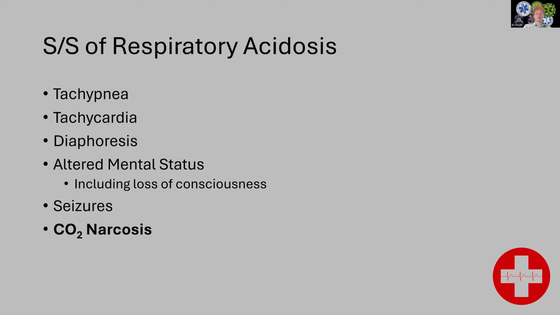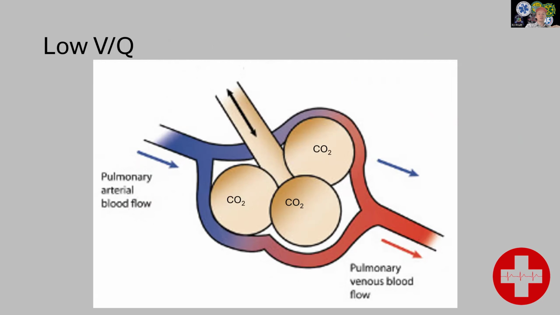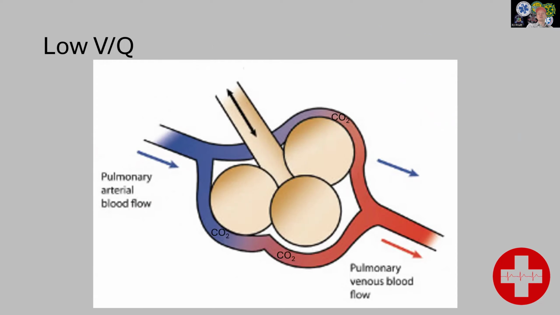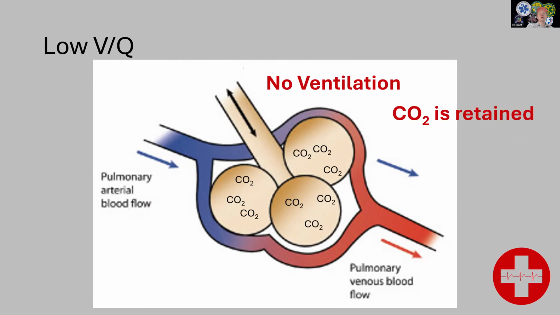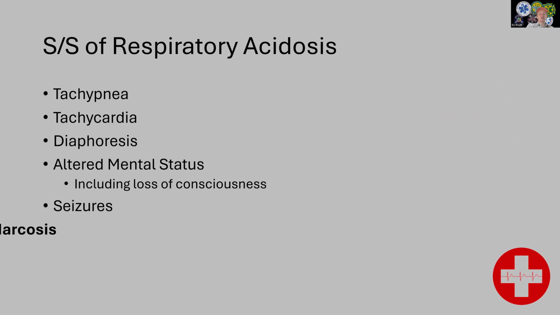When we give this oxygen, and I'll go back quick to here, go all the way back in this animation. When we give this oxygen, we open up these vessels, and in doing so, we cause our body to retain more CO2. And that leads to this CO2 narcosis. That's what I want you guys to remember from this, if you watch it.